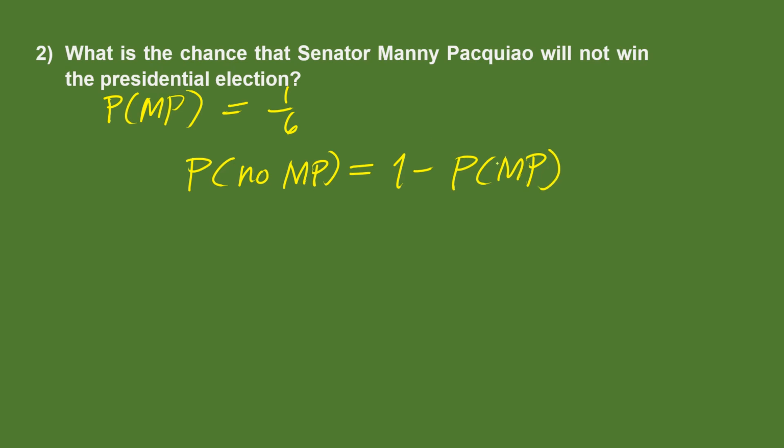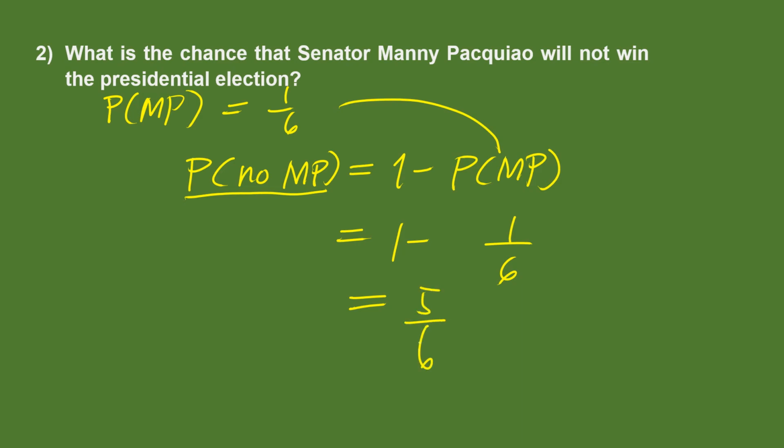This is the probability of Manny Pacquiao winning the election, and this is the probability that Manny Pacquiao will not win the presidential election. So 1 minus 1/6 is equal to 5/6. Tama ba? Yan.